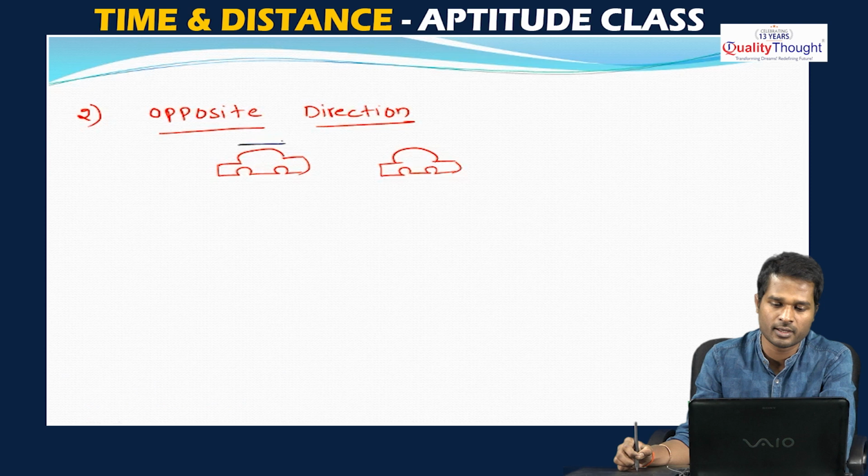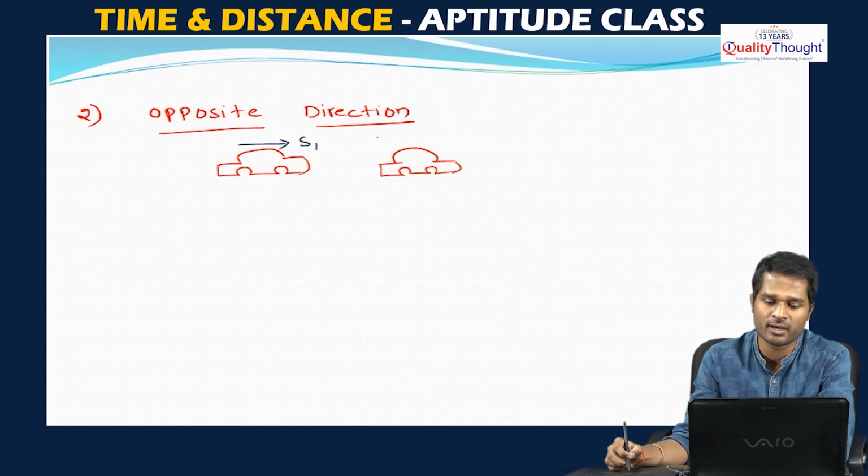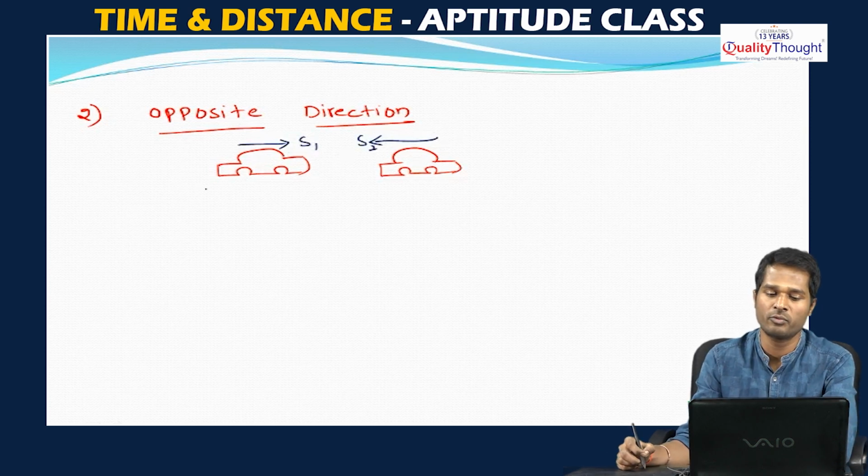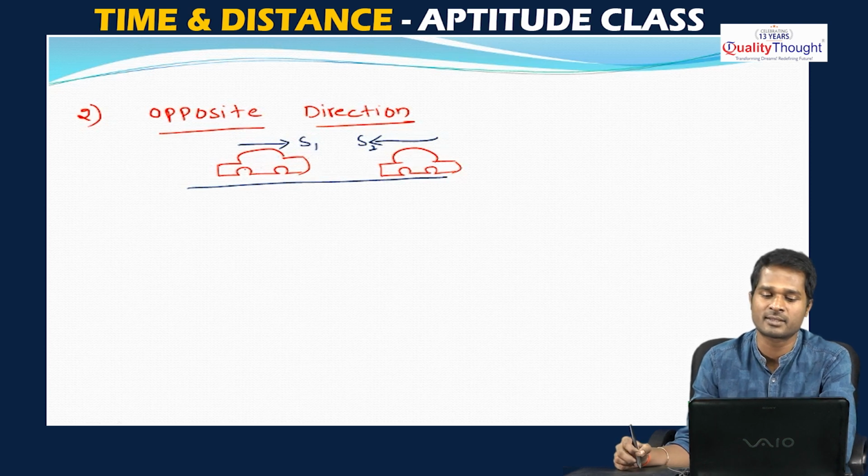Assume the first vehicle is moving like this with the speed s1, and the second vehicle is moving like this with the speed s2. If the first vehicle moves this way with the speed s1 and the second vehicle moves opposite to it with the speed s2, then this is called the opposite direction.